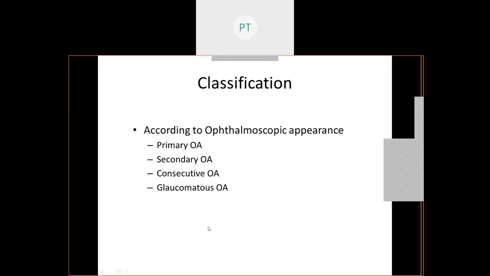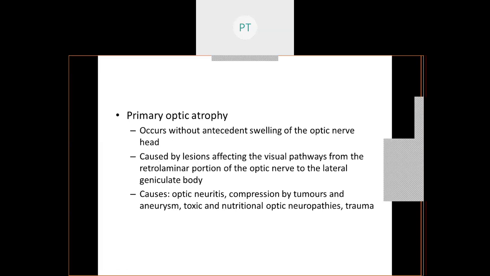So we cannot see any evidence of any local inflammation. This is known as primary optic atrophy. It occurs without any antecedent swelling of the optic nerve head, and it is usually seen with lesions affecting the visual pathway from the retrolaminar portion of the optic nerve to the lateral geniculate body.